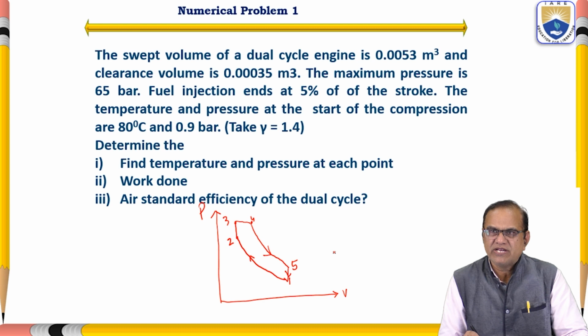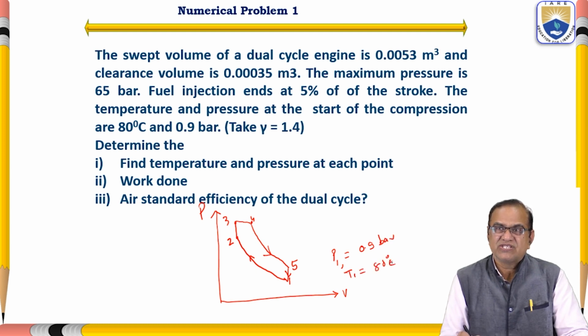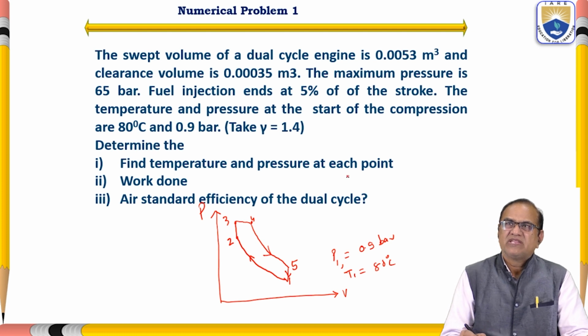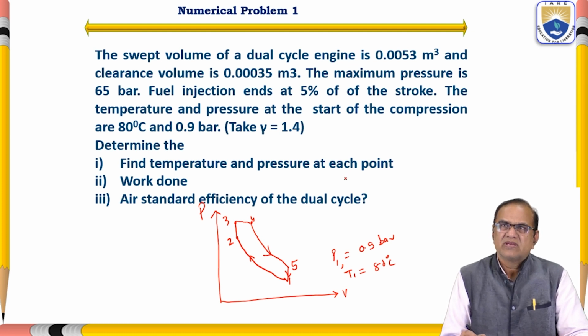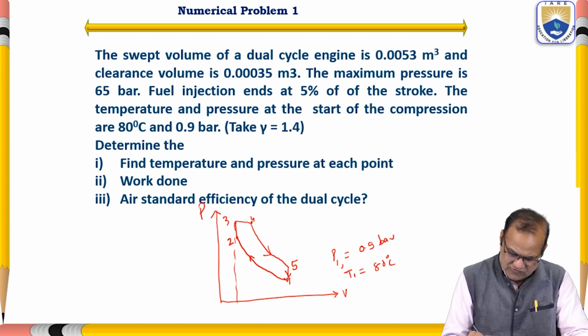So the state point 1, that is P1, is 0.9 bar, and T1 is 80 degrees centigrade, as given. The volume, the swept volume. So what is the swept volume? This we can see from here.